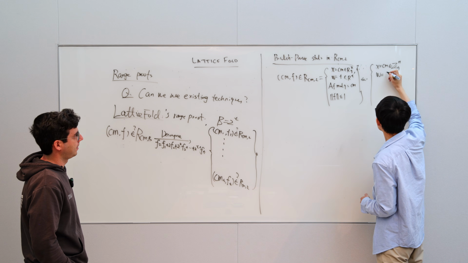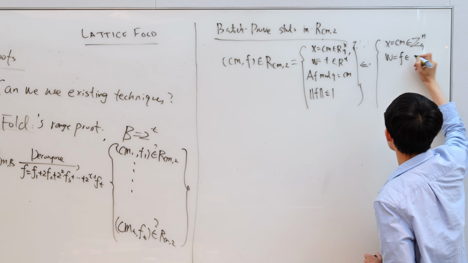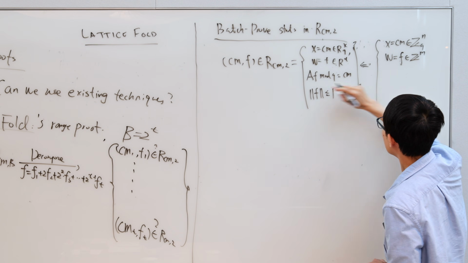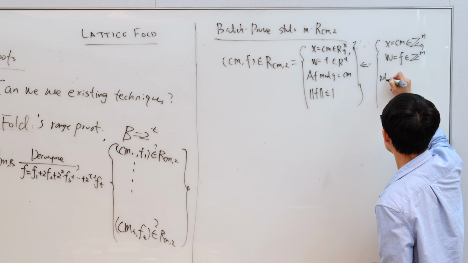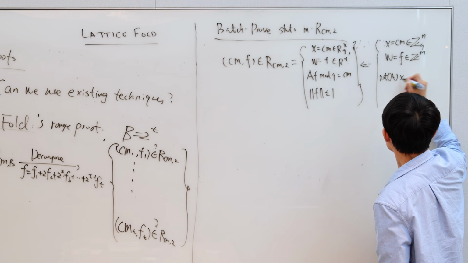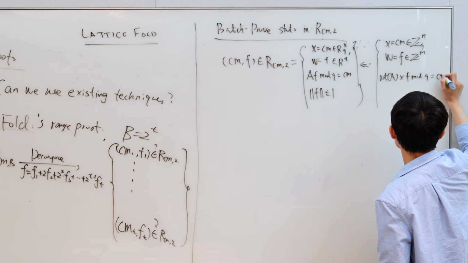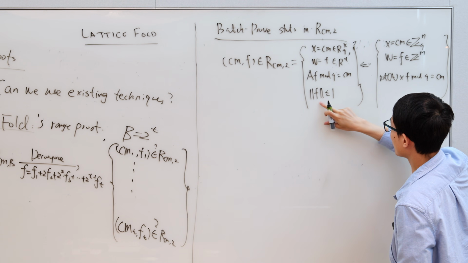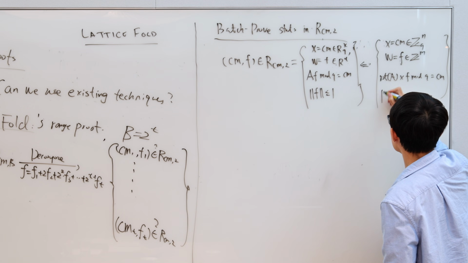Yes, just consider the coefficient vector of that. And F can be understood as an integer vector of length m. And we want to prove that the rotation matrix, or the convolution matrix, of A times the vector F mod Q equals Cm. And similarly, instead of checking that the norm of the polynomial is less than 1, we just check that the norm of the vector is less than or equal to 1.